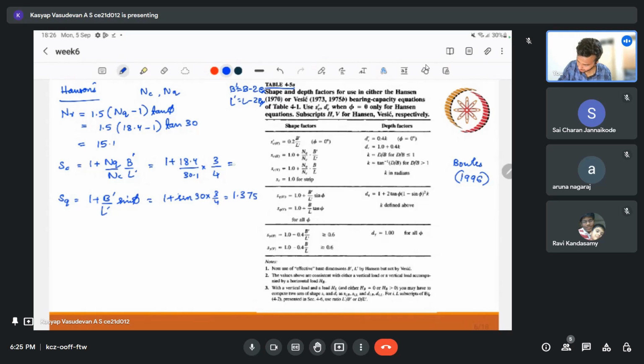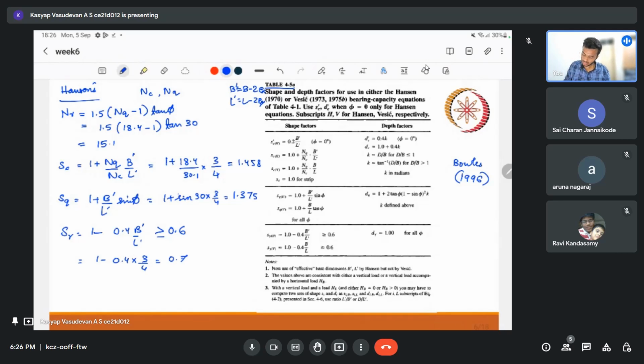Okay, I didn't write the value; this is 1.458. And S gamma is equal to 1 minus 0.4 B dash by L dash. This should be greater than 0.6. If it is less than 0.6, we have to take 0.6. So this turns out to be 1 minus 0.4 into 3 by 4, which is 0.7. So we have all the values of the shape factors.